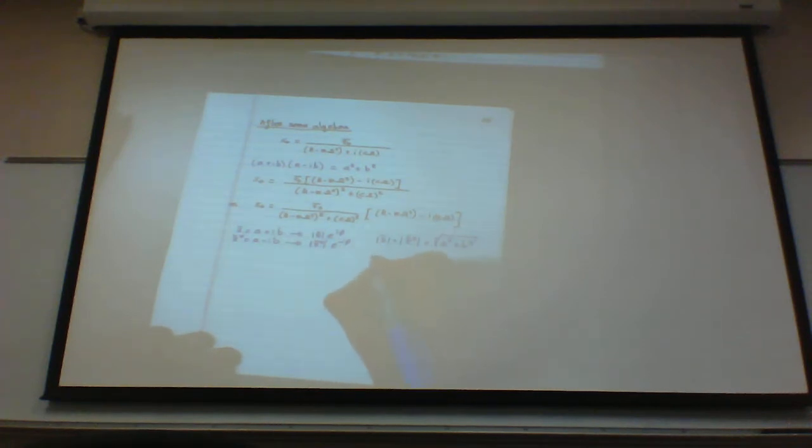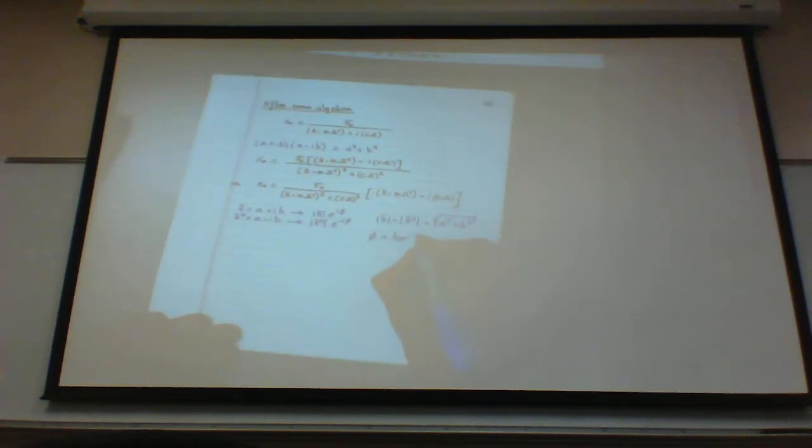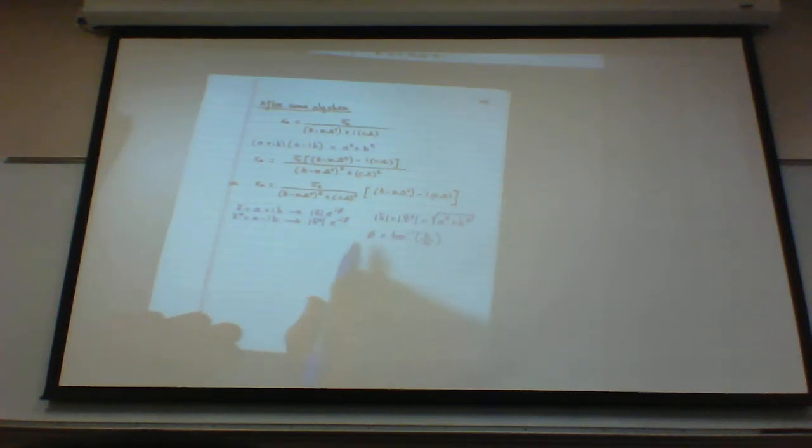And the angle phi will be equal to what? Tangent inverse of b over a. So this is the change in phase because of having a complex number that you're going to be introducing.